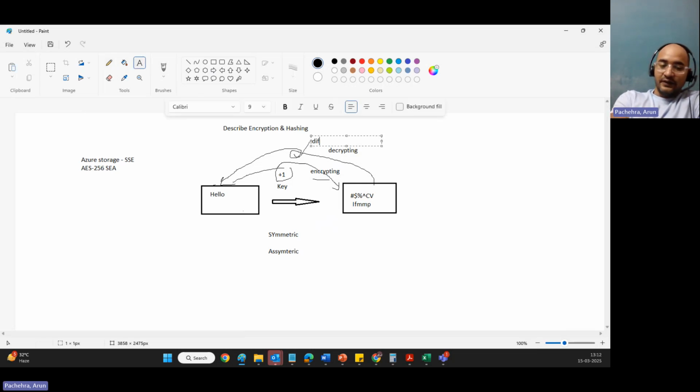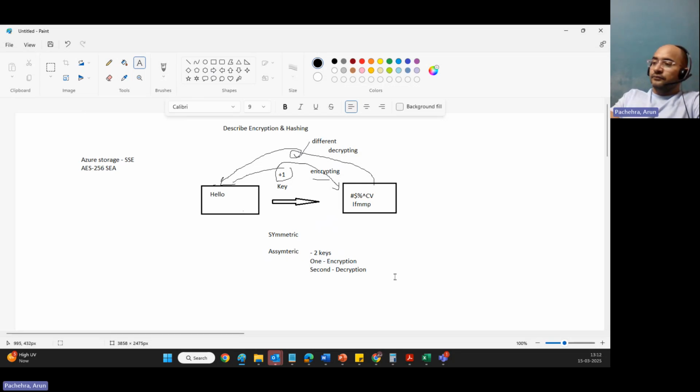It's a different key than we use for the encryption. What are these keys? One for encryption, and the second key is for decryption. That's the reason it's asymmetric. Simple, right?